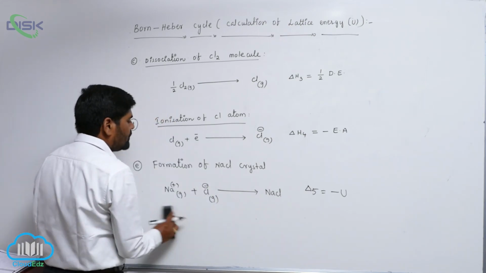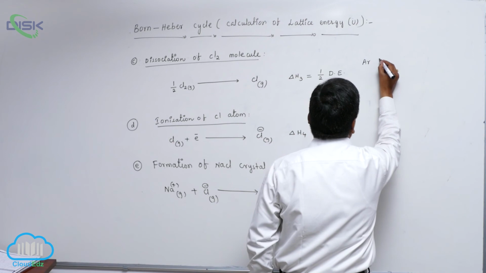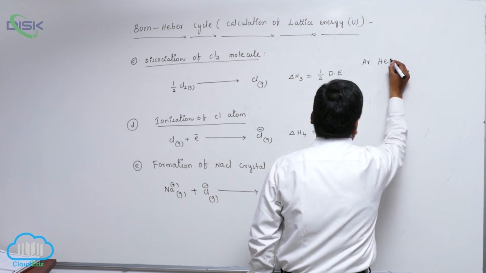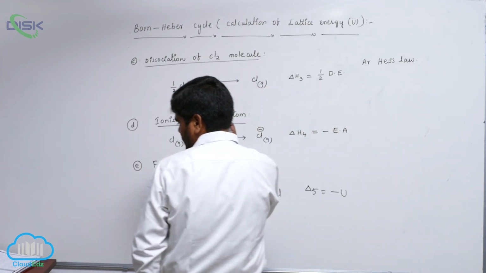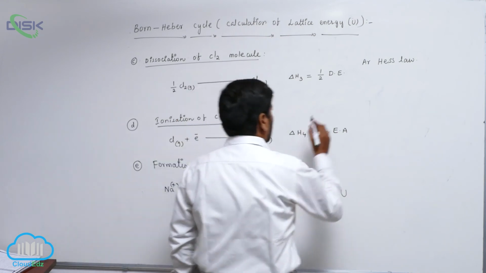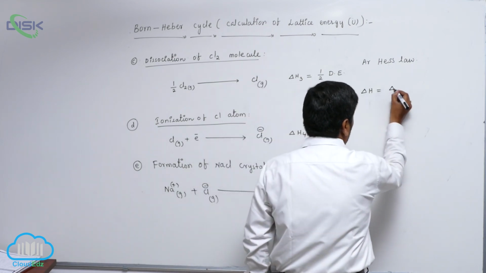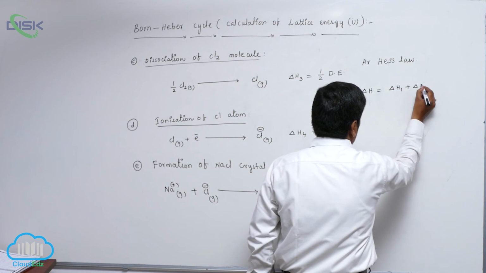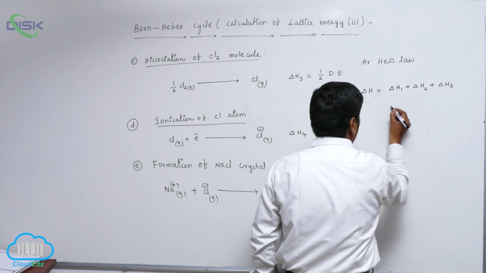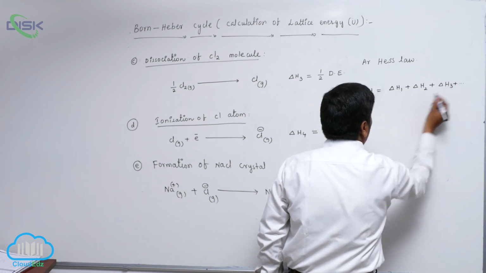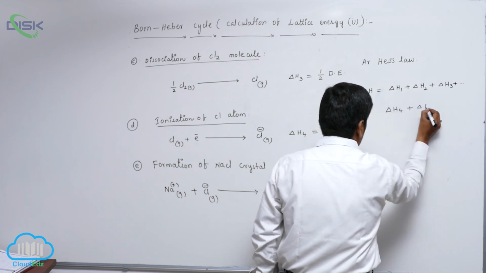So as per Hess law, delta H, the heat of reaction, equals delta H1 plus delta H2 plus delta H3 plus delta H4 plus delta H5.